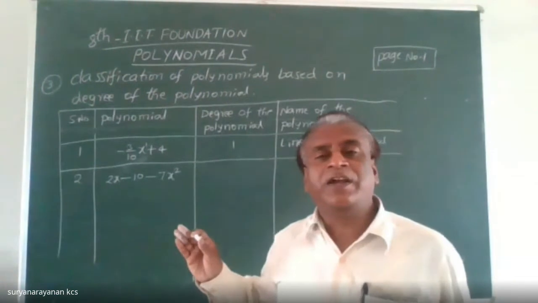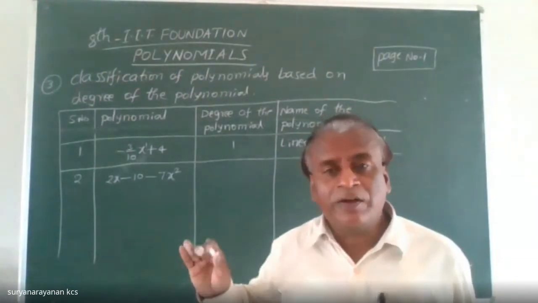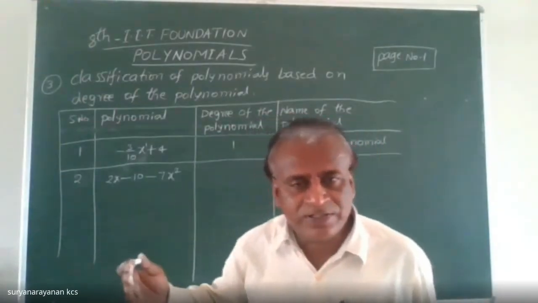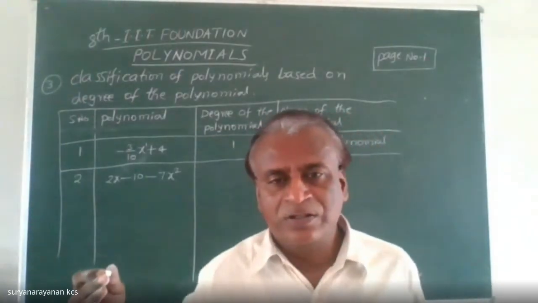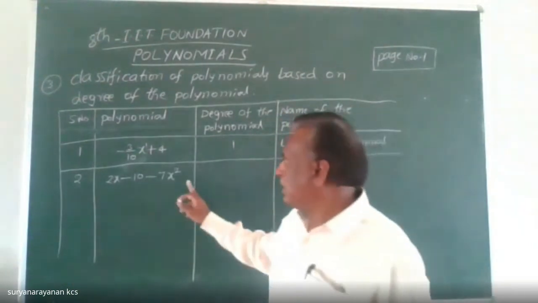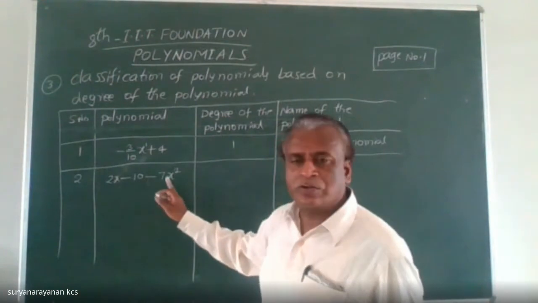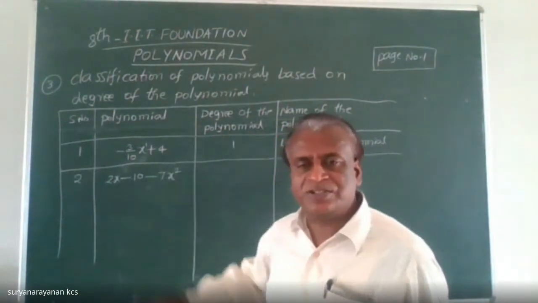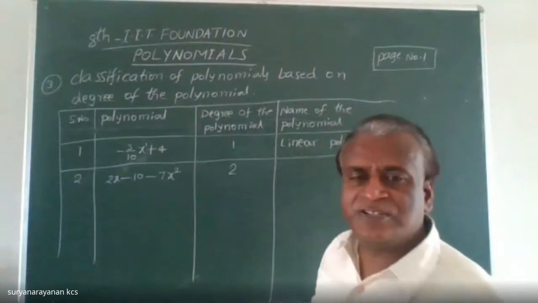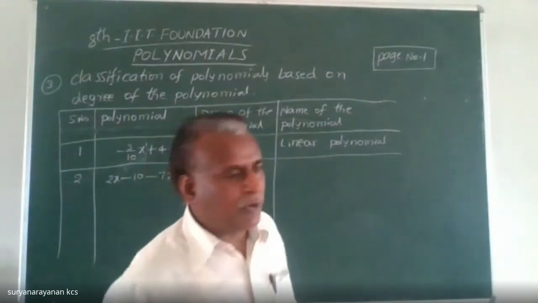Degree means the highest, the largest exponent of the variable. Here the variable is x. So what is the largest exponent? What is the highest power of x? 2. Yes, very good. So this is called a quadratic polynomial.